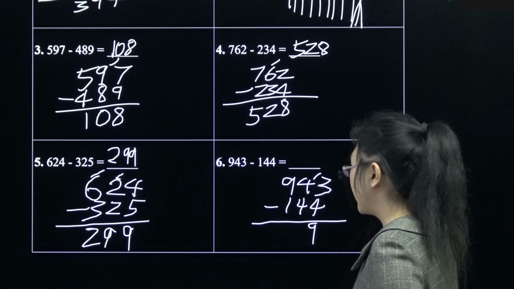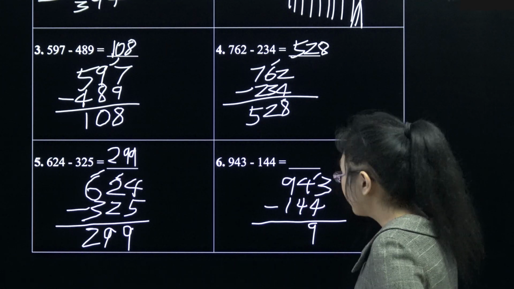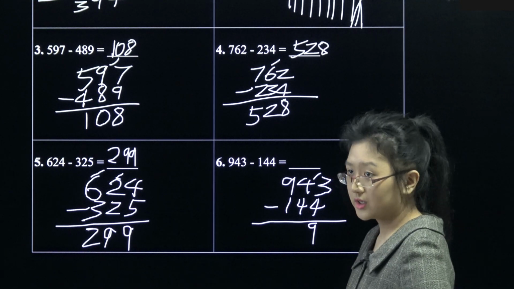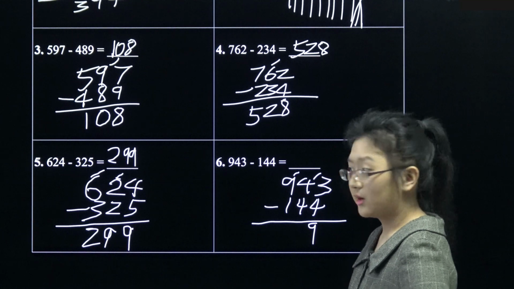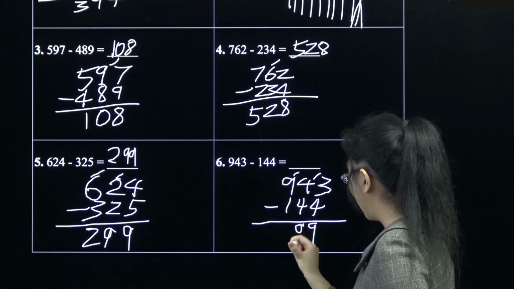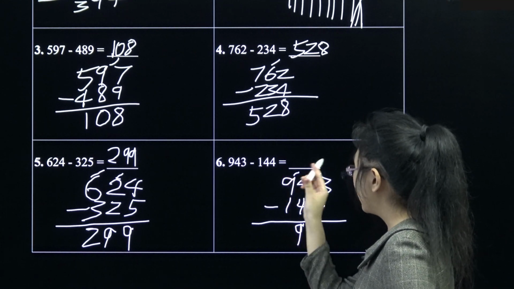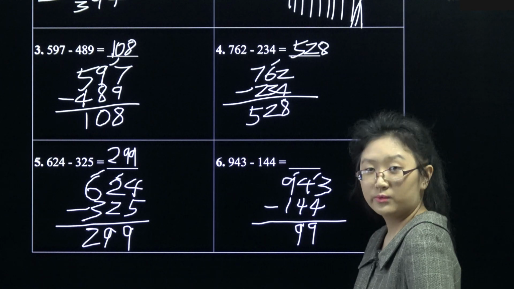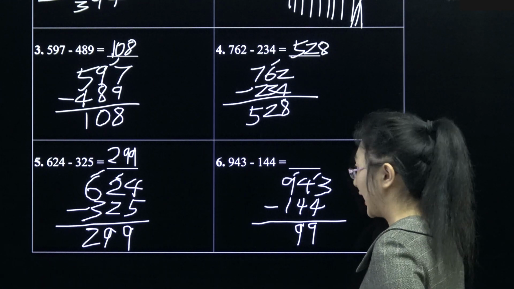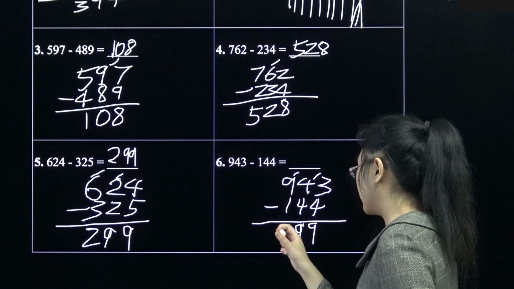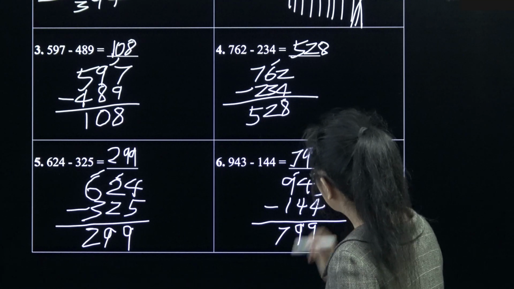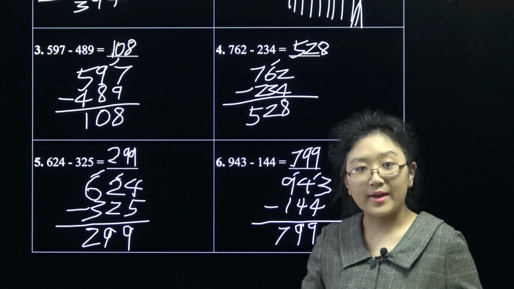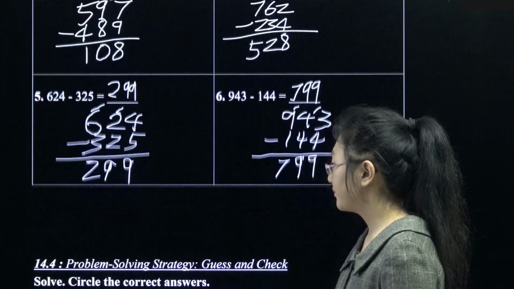And 4 got 1 regrouped out of it, so that's 3. 3 minus 4 doesn't work, so then we regroup from the 9. And we get 13 minus 4 again, and that's 9. And 9 had 1 regrouped out of it, so that's, well, 8. 8 minus 1 equals 7. Yay! We're done with that.